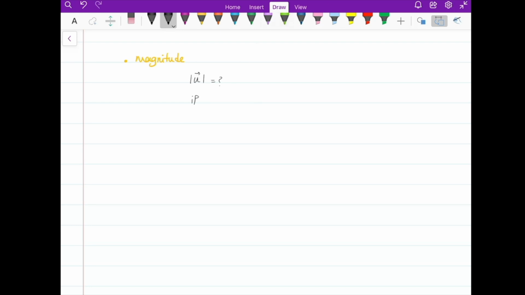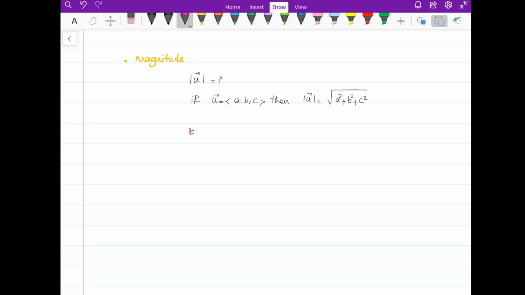So if the vector u has the components a, b, c, then the length of it, or the magnitude of it, would be the square root of the summation of the squares of the components: a squared plus b squared plus c squared.